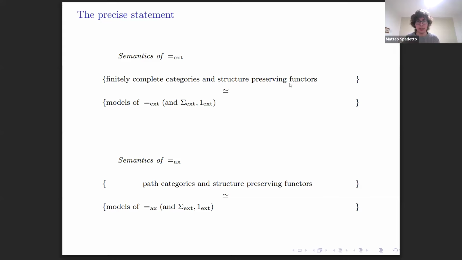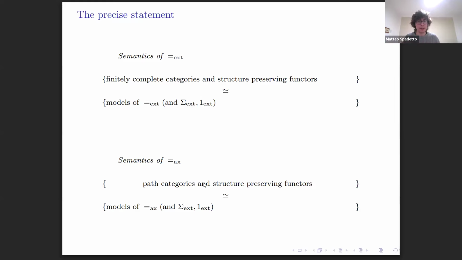Now, you can also observe that with this notion of morphisms between path categories, if you restrict to finitely complete categories, because finitely complete categories are precisely those path categories whose weak equivalences are just the isomorphisms and whose fibrations are any map, in this case you obtain precisely the finitely complete categories.